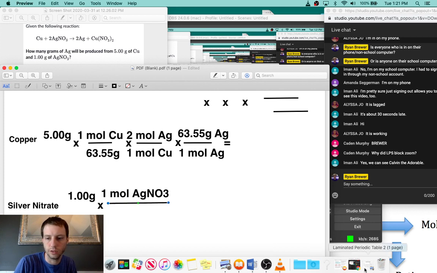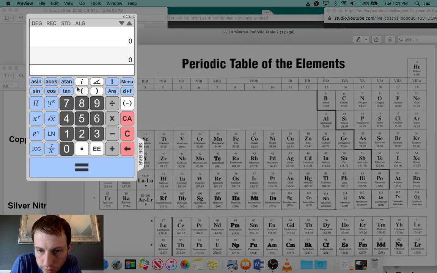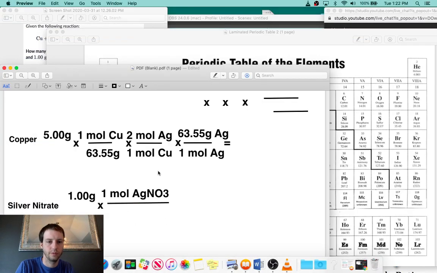Molar mass of silver nitrate. Silver is 107.87, plus nitrogen 14.01, plus oxygen 16 times 3, gives 196.88 grams per mole.